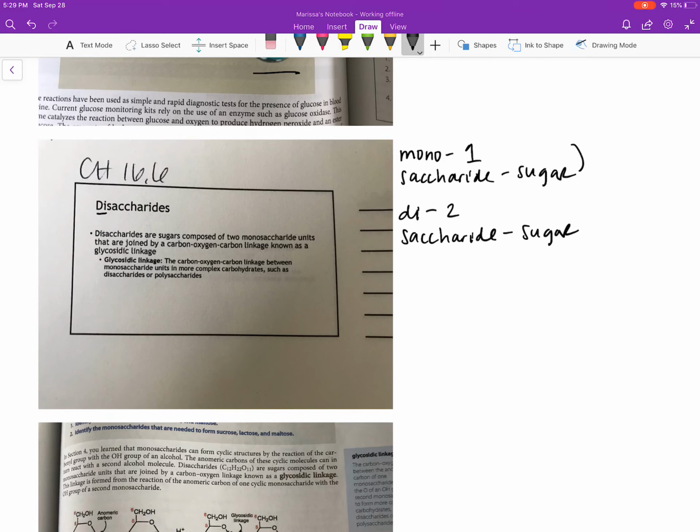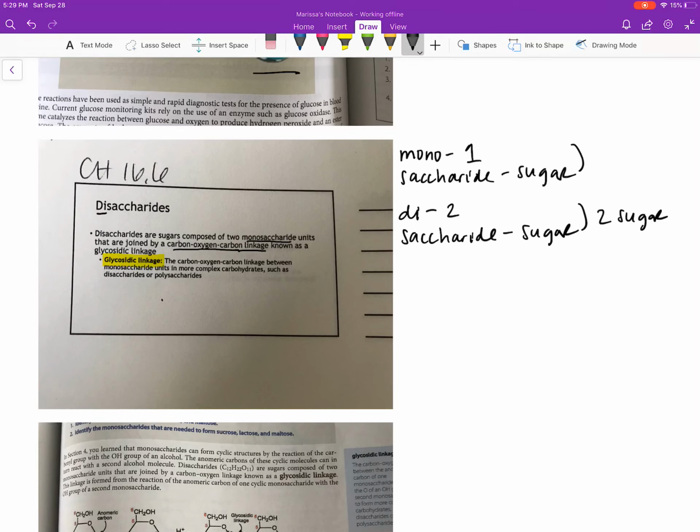So now we're talking about two sugars. So what that looks like is maybe a little surprising, but disaccharides are going to be sugars composed of two monosaccharide units that are joined by what's going to be called a carbon-oxygen-carbon linkage that is better known as the glycosidic linkage.